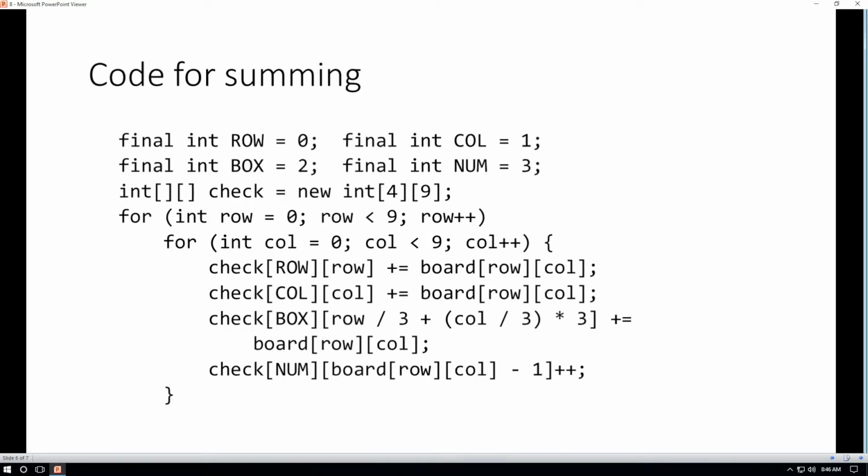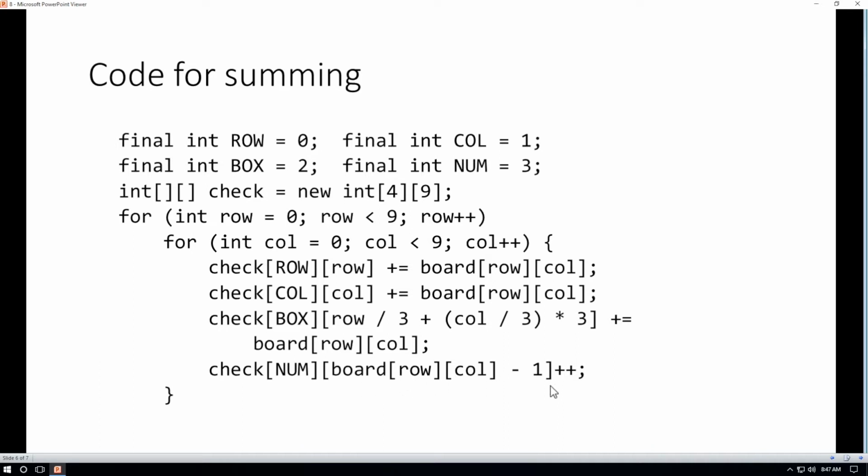The code for the summing is simple. We have our nested loops, row, col, and then we take the cell and we add its value to the check row, col, and box. We do the computation on the box to make sure it's within that 3 by 3.